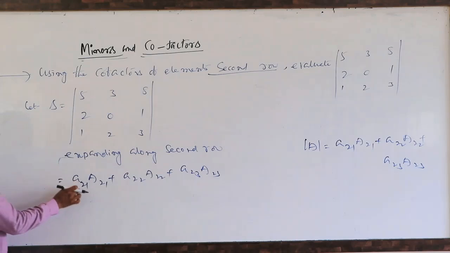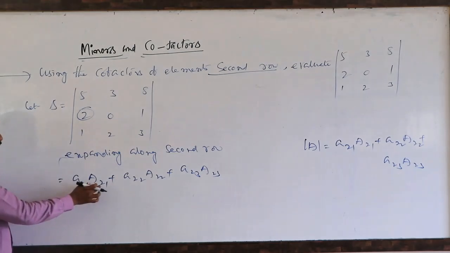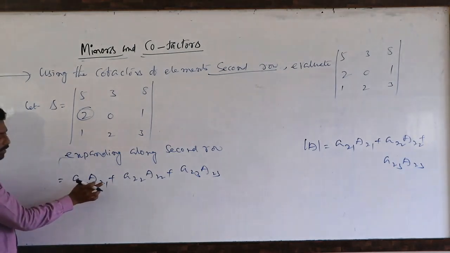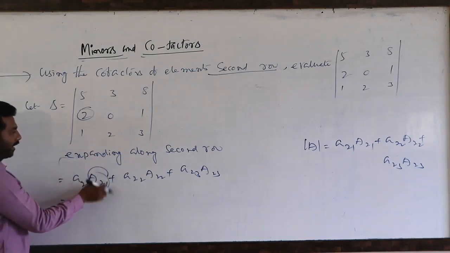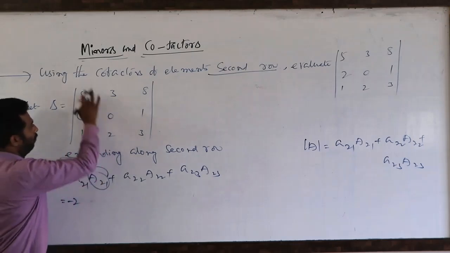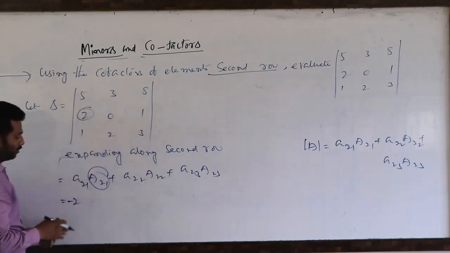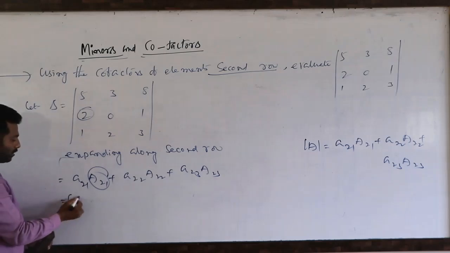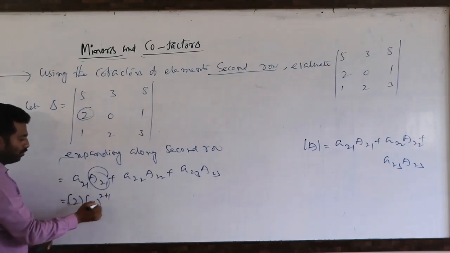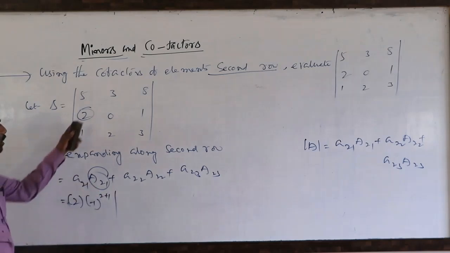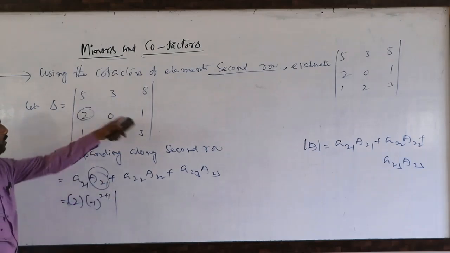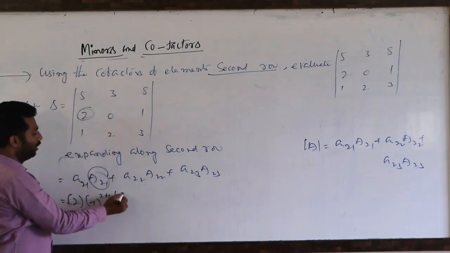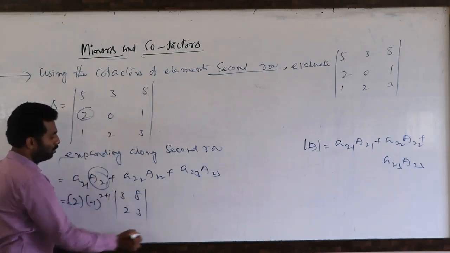You tell me, what is A21? The element is 2. Capital A21 means minus 1 whole power 2 plus 1, which is odd, so minus. You delete the second row and first column, and the remaining elements form the determinant. So this is 2 into minus 1 whole power 2 plus 1 into the determinant 3 8, 2 3.